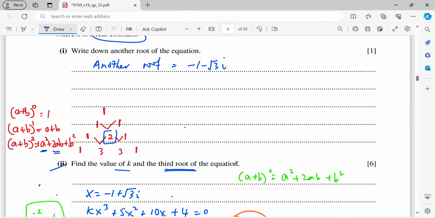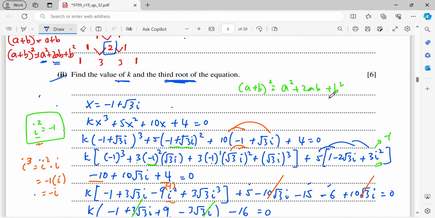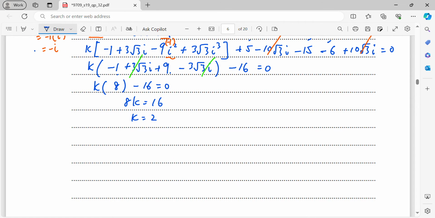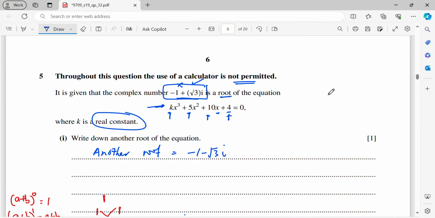Now you see the question said find the k. Now find the third root. So to get the third root, we need to get the polynomial division. Okay, because we know that now your cubic function, look at the cubic function here, and replace the k by 2.